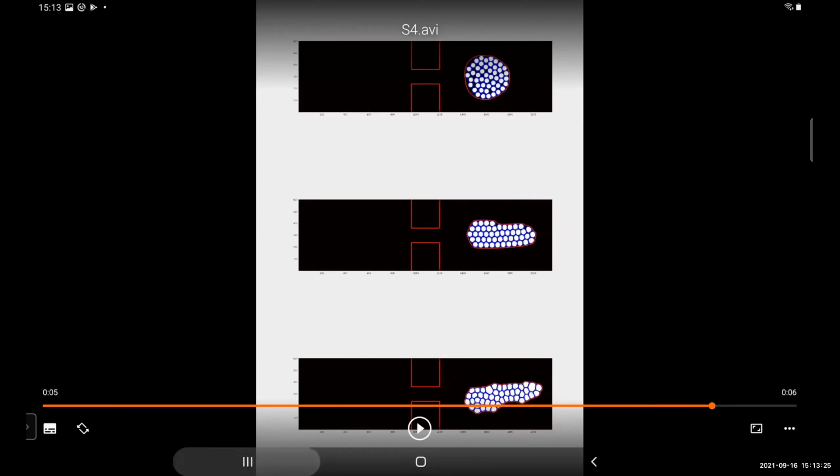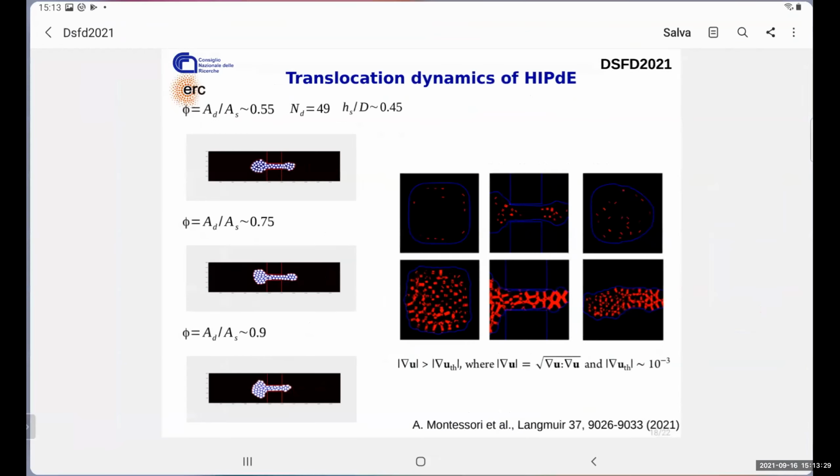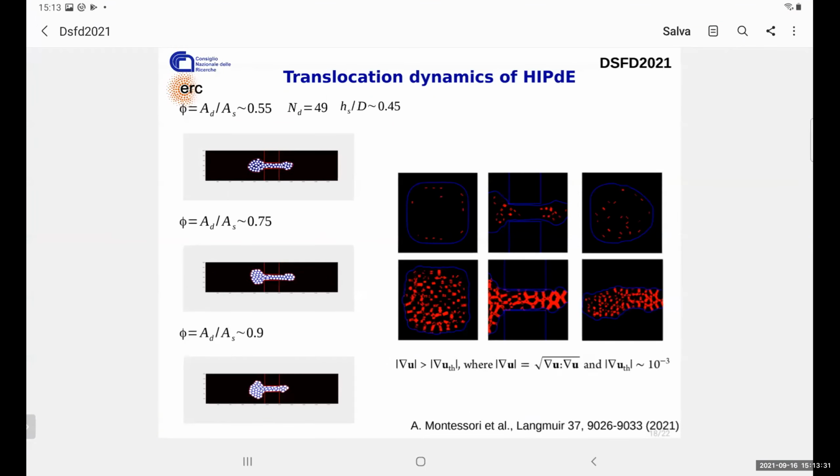In order to understand a little better why this happens, we computed the local stress typically present at the interfaces, in particular touching interfaces between different droplets in the emulsion.